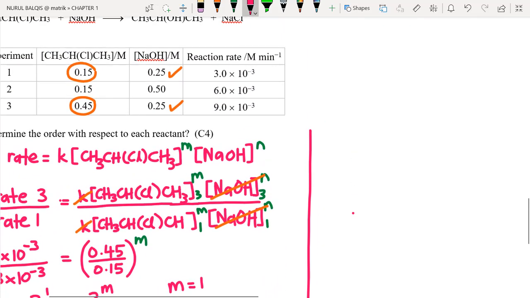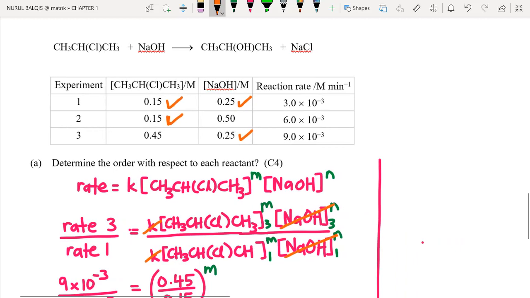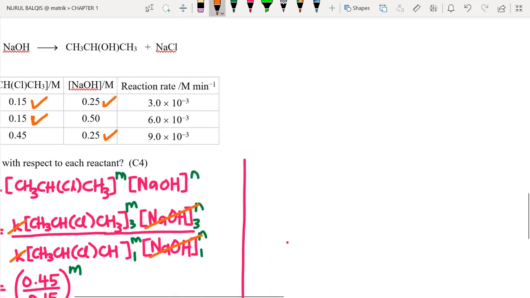Look at the constant value of the first concentration. We have 0.15 in both experiment 1 and experiment 2. Then we look at the higher value of reaction rate. Experiment 2 has the bigger value, so we put it as the denominator. So we're going to compare between rate 2 and rate 1.